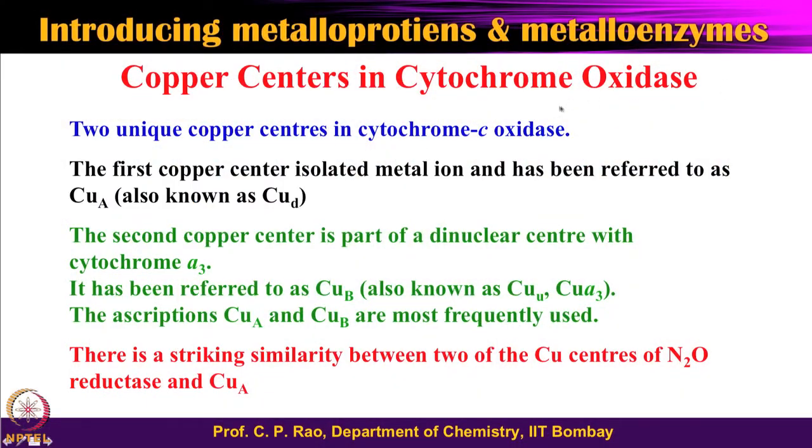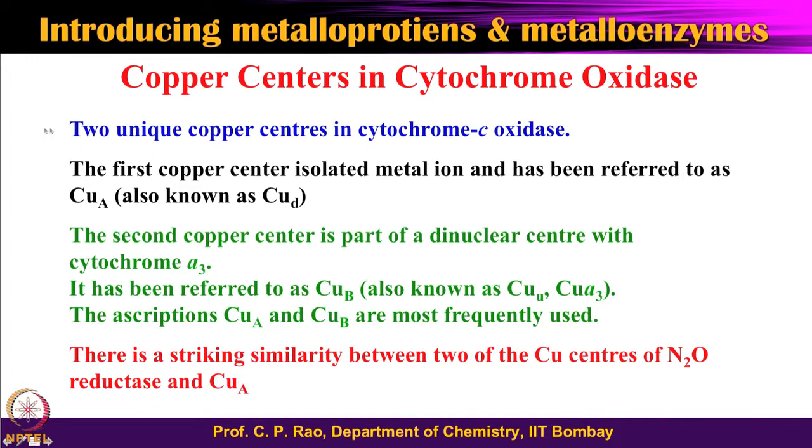All that you need to understand from this particular slide is that you have a type 1, a type 2, a type 3, and enzymes where all of these are present together. Whenever type 1 is present, it will have the blue color, even if other things do not give the blue color. Okay, there are other special types of copper centers present in cytochrome C oxidase.